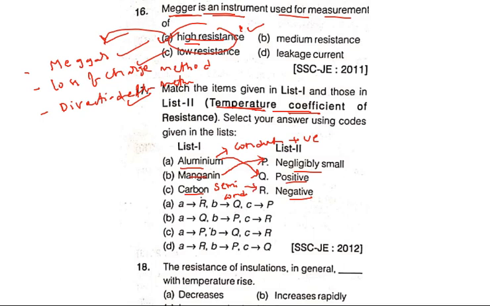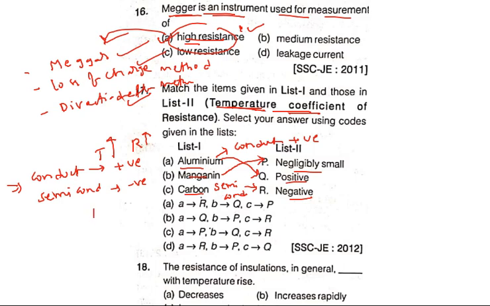Again I am repeating, see here. Conductor, semiconductor. Conductor has a positive temperature coefficient and semiconductor has a negative temperature coefficient. Positive temperature coefficient means when temperature increases, resistance will increase.